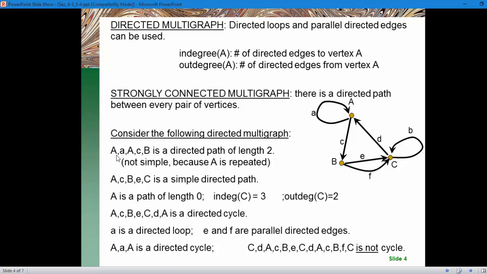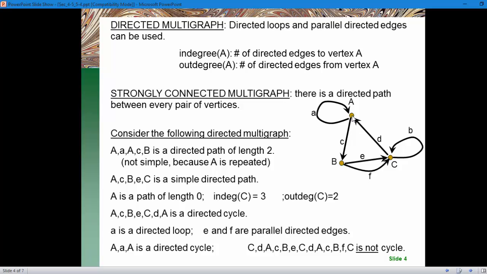If you see here, this is a path from A to B. So we start at A, go through edge A, so going this way. Edge A is a loop, a directed loop. Then we arrive at A again. Now we continue through edge C, which is this one.